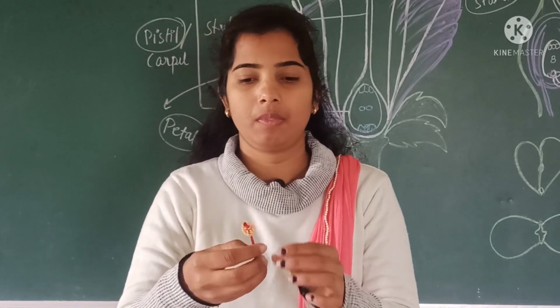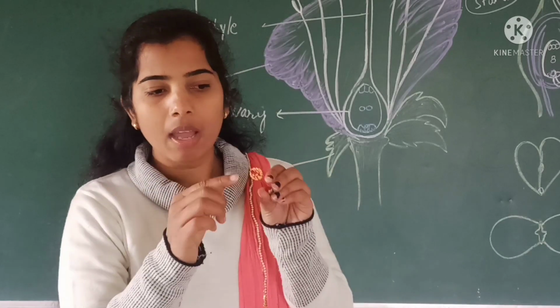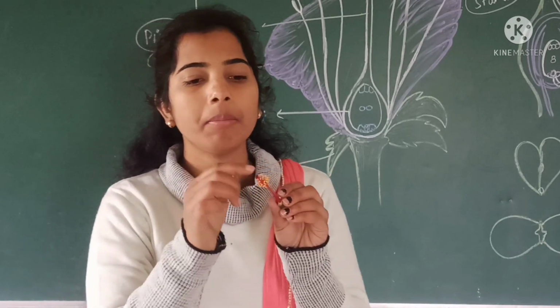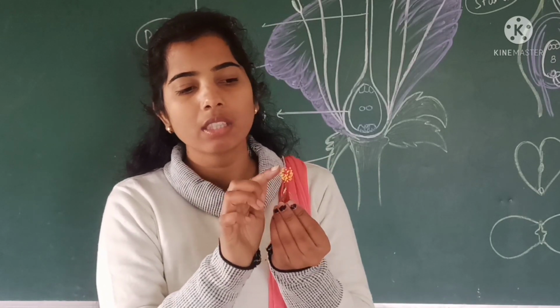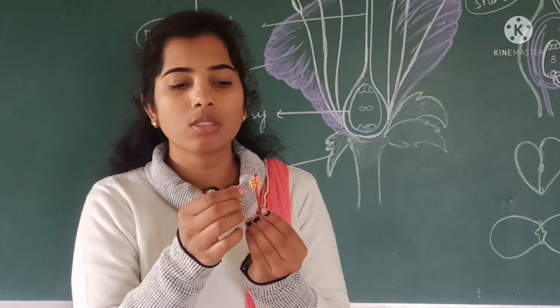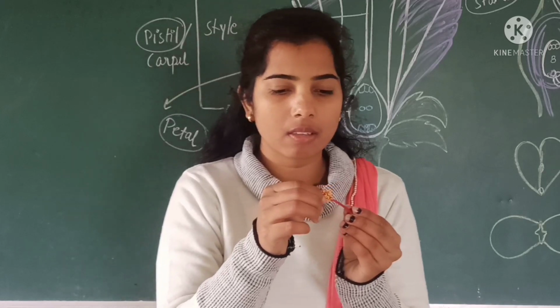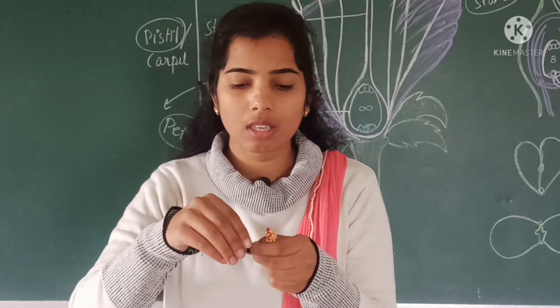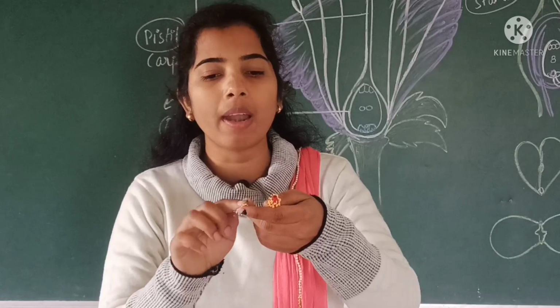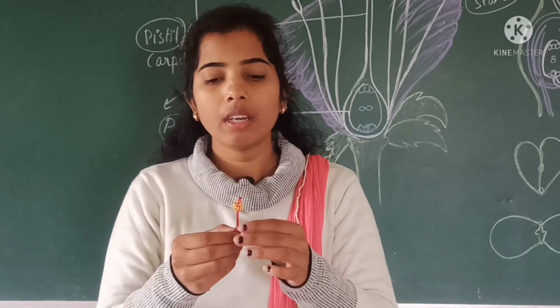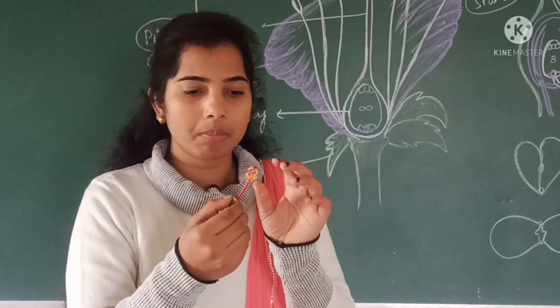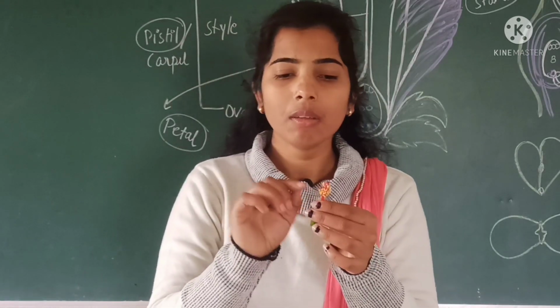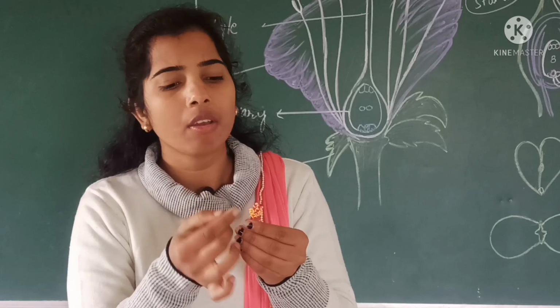And this is the stigma. The red portion in the center of the flower is known as stigma and this yellow part is known as anther. Anther is joined with a structure known as filament.